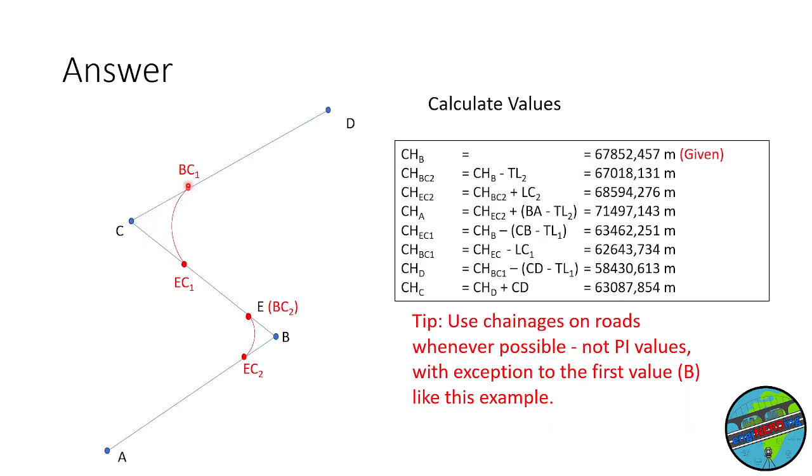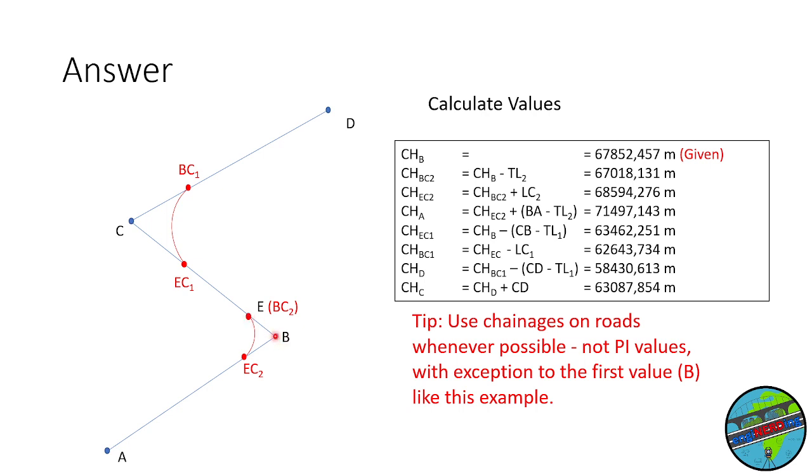Alright, so now we have our BC1, EC1, BC2, and EC2. So beginning of curve, end of curve, beginning and end of curve. We can now calculate our chainages. Now, chainage B is given to us, so we can work with everything from there. Some advice I would like to give you is try to work with points on the road as far as possible.